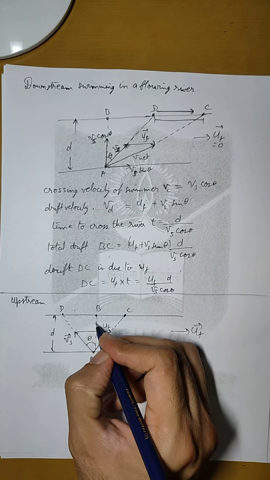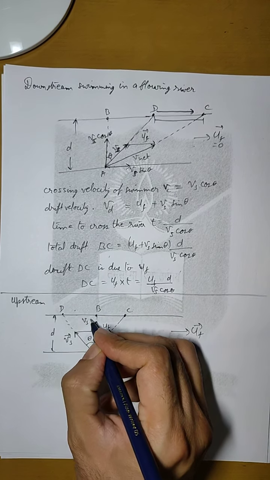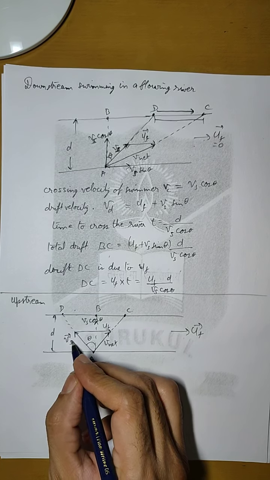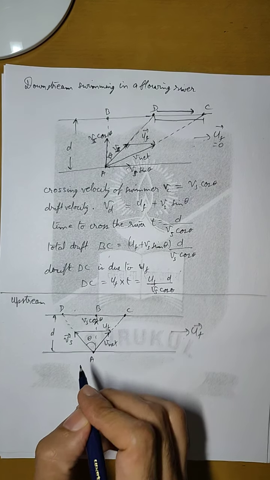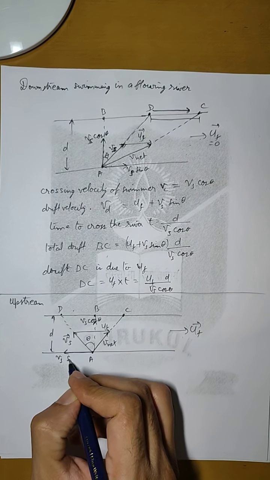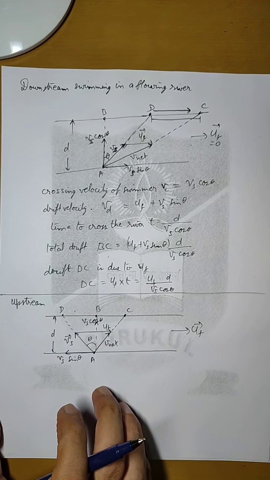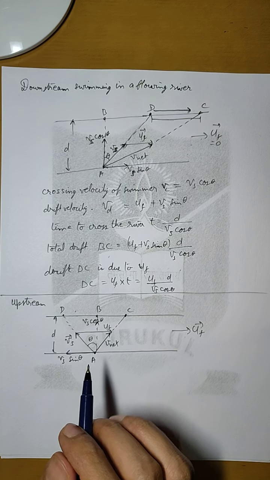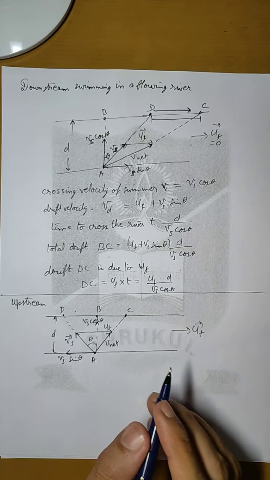Now again the vertical component of Vs will be equal to Vs cos theta, and this is the horizontal component. The horizontal component will be in this direction, this time Vs sine theta. So if the swimmer jumped upstream at an angle theta with AB, we are going to calculate his net velocity V net.